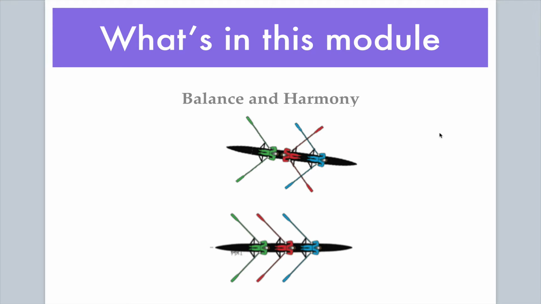Balance and harmony in organization development are extraordinarily important. And there are a whole series, 12 in fact, of elements of an organization that you need to get in balance and pulling together in exactly the same way. Because you can see from the first boat here, if people aren't pulling in the same way, you don't go forward.